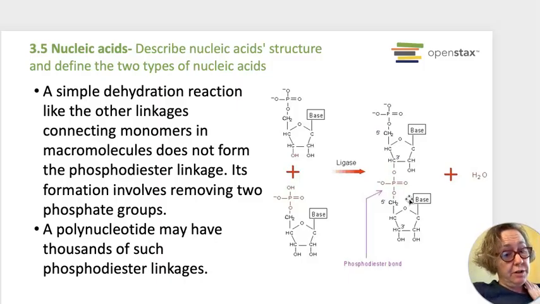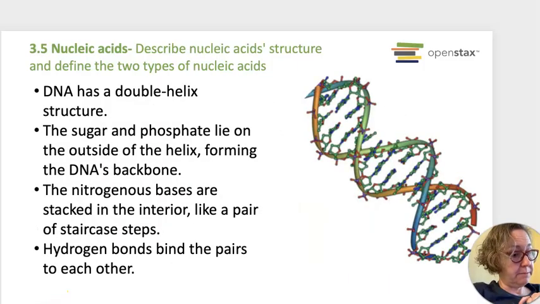So a polynucleotide may have thousands of these phosphodiester bonds, right? This is putting our bases together from 3' to 5'. Right, here's our 5' connected to the 3', and then we're doing that with the dehydration reaction where we're going to lose some water.